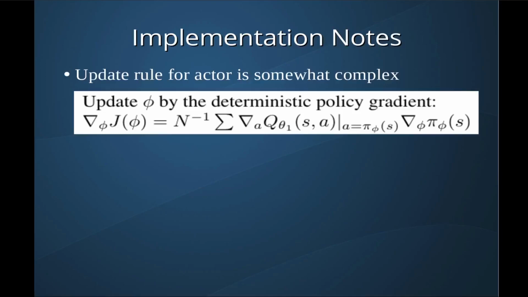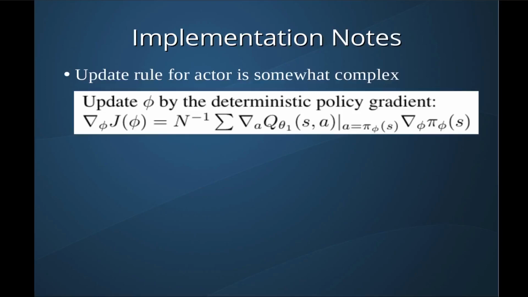It's given by 1 over m times the sum, or a mean, an average. So our loss function is going to be a mean, and it's going to be the product in this particular equation of the gradient of the first critic network with respect to the actions chosen by the policy network, multiplied by the gradient of the policy network with respect to its parameters.